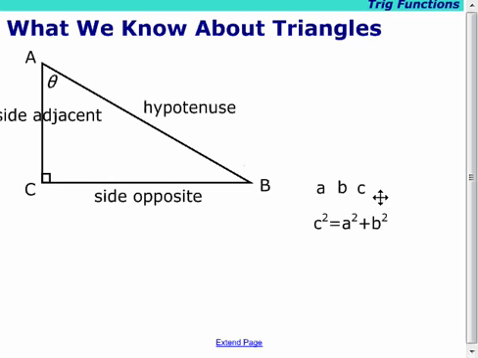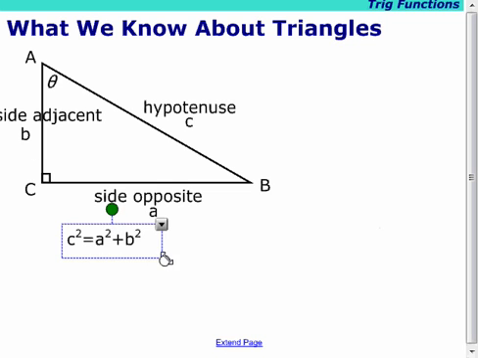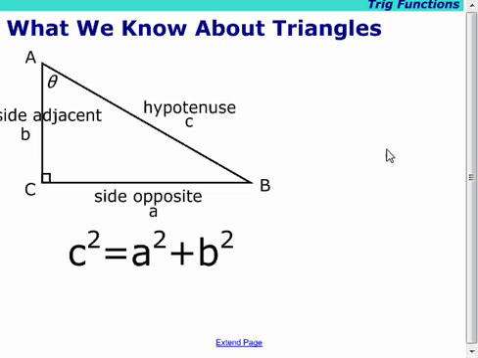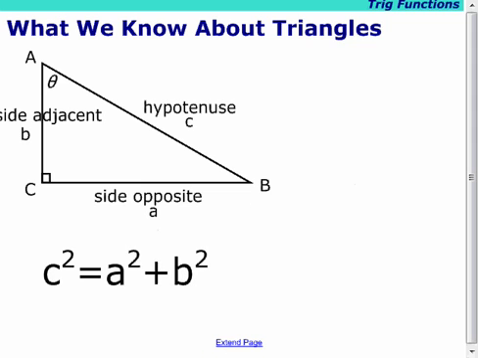Typically we say angle C is the right angle, making side C our hypotenuse, and then the other sides, it wouldn't matter which side we put them on, A and B. Also recall that Pythagoras is a useful tool for us to use. If I know two sides of a right triangle, I can solve for the third using Pythagoras.